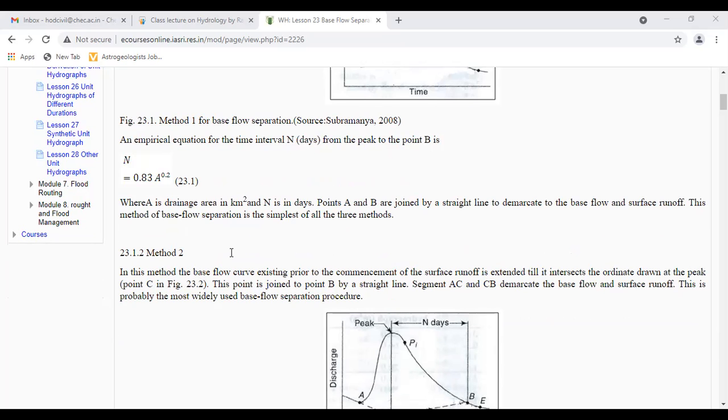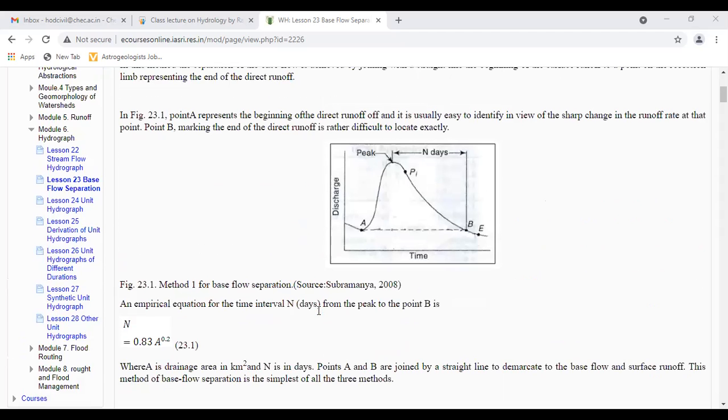Guys, here it is necessary to separate the observable hydrograph into its component parts, namely the surface runoff, interflow and groundwater runoff for subsequent analysis.